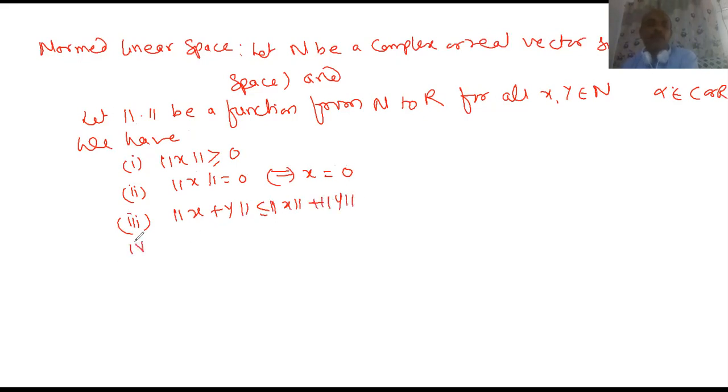And the fourth one: norm of alpha x is equal to mod alpha times norm x.